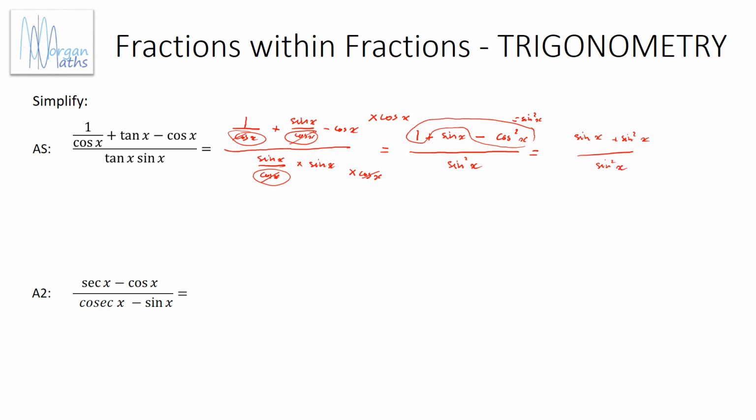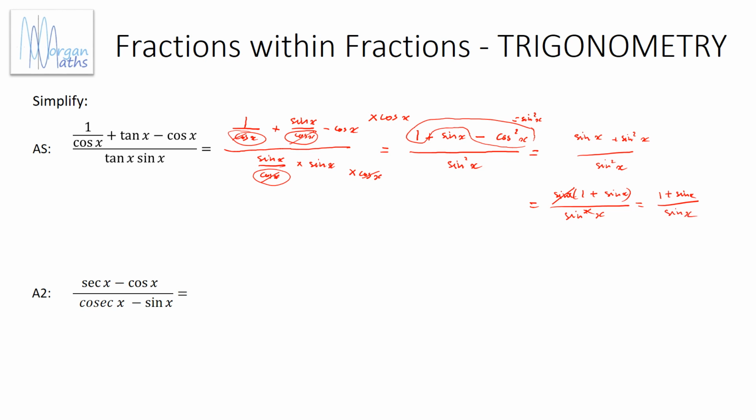And if we factorize sine x at the numerator, we're left with 1 plus sine x at the numerator, sine squared x at the denominator. We simplify and we get 1 plus sine x over sine x.